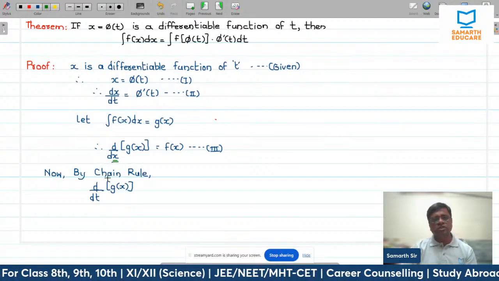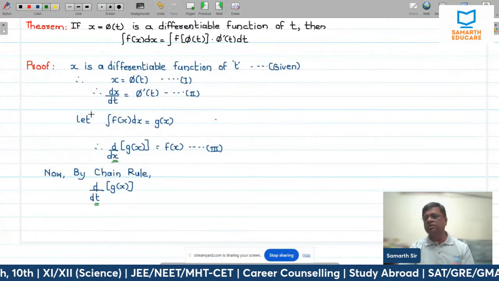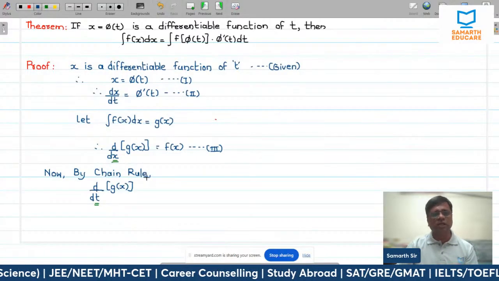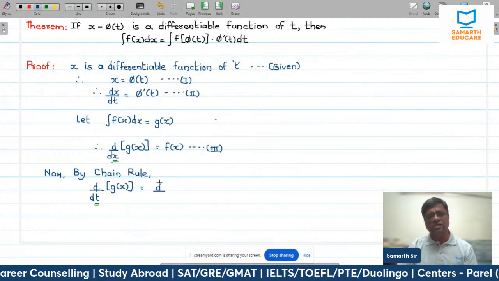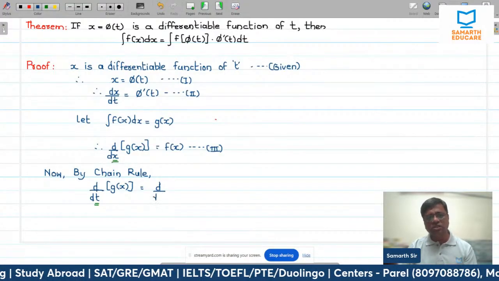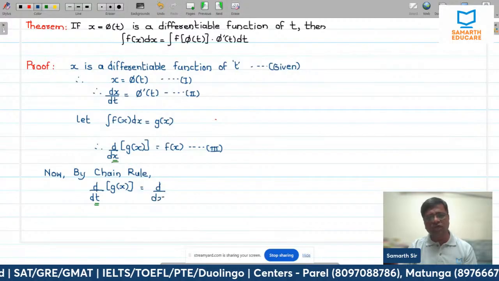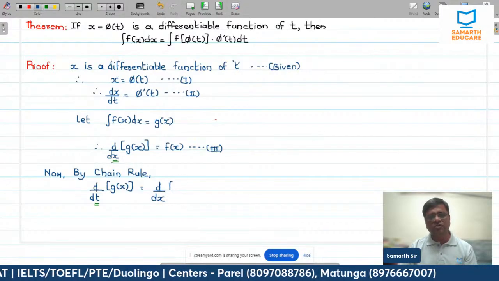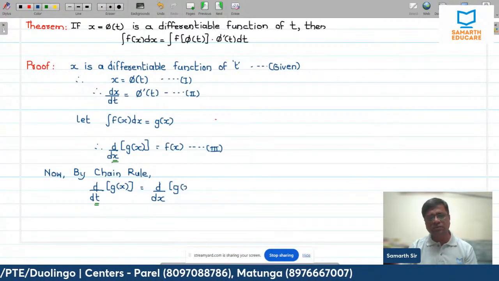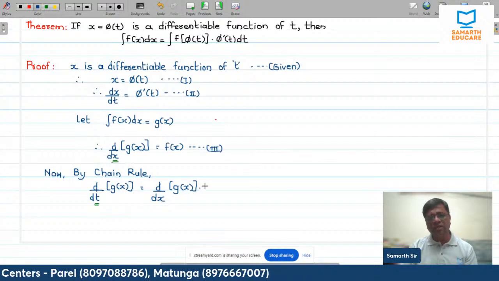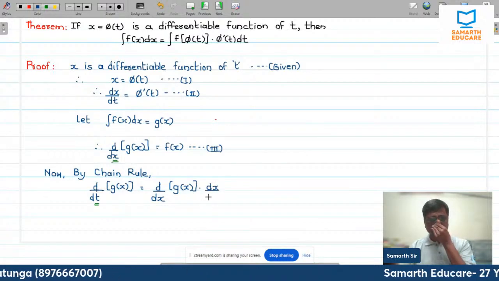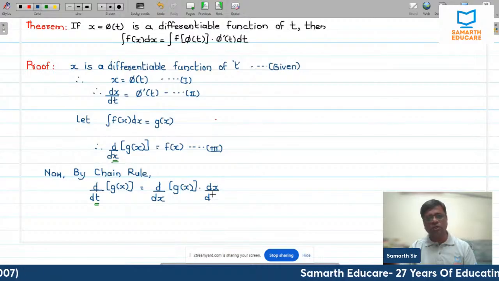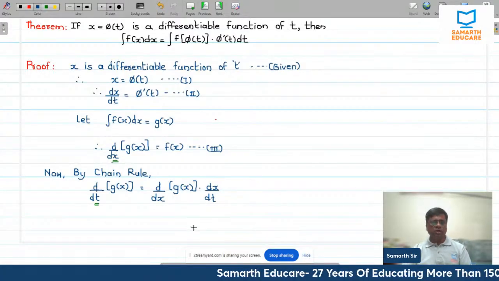Here it was with respect to x, here I'm taking it with respect to t, right? Then, because g is a function of x, I'll first take the derivative with respect to x, and as part of the chain rule, I will take the derivative of x with respect to t.